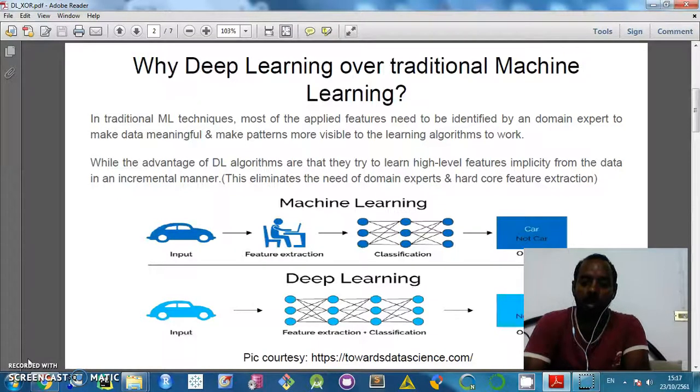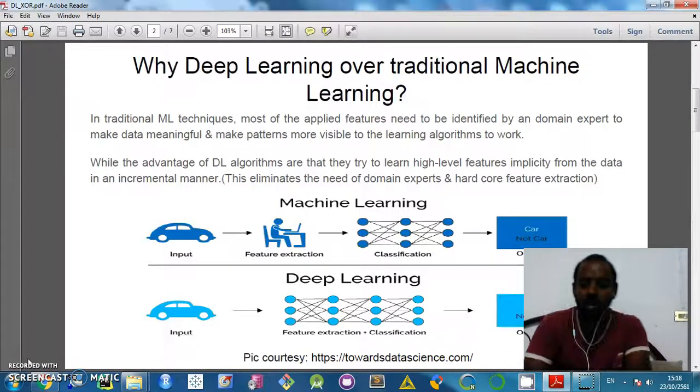On the contrary, deep learning algorithms try to learn the high level features implicitly from the data in an incremental fashion. So this eliminates the need for a domain expert or hardcore feature extraction.